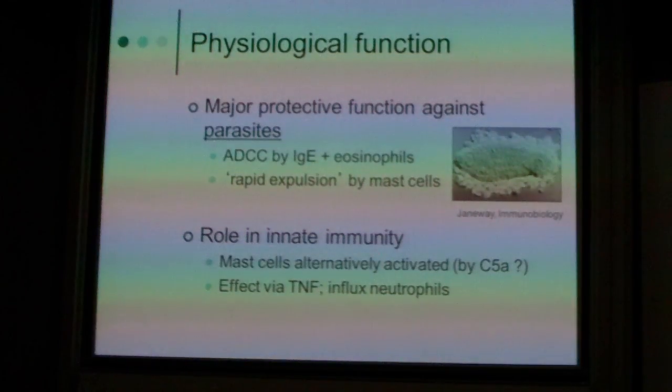In the innate immune system, well, we know that the innate immune system also comprises the complement cascade, and if in a certain reactivity to parasites complement is activated, then there will be production of C5a, that is a complement kind of chemokine, and then mast cells will be attracted and they will also be activated.